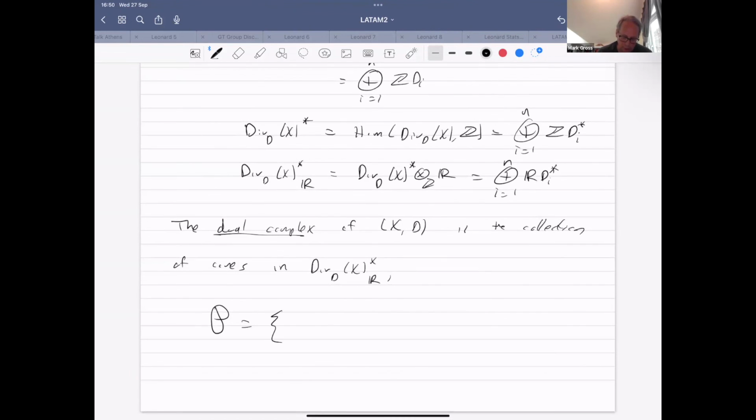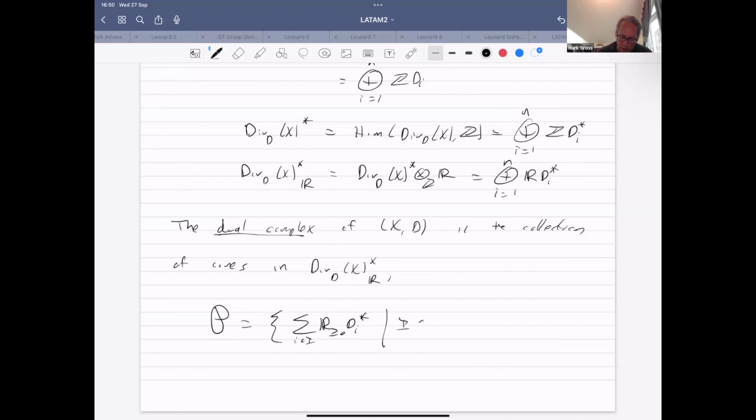P is a set of things of the form the sum over i in I of R greater or equal to 0 times Di star. So that's a cone generated by some collection of Di stars.